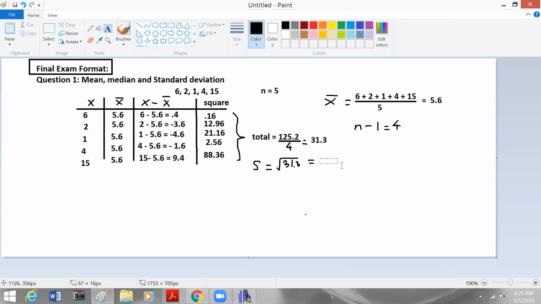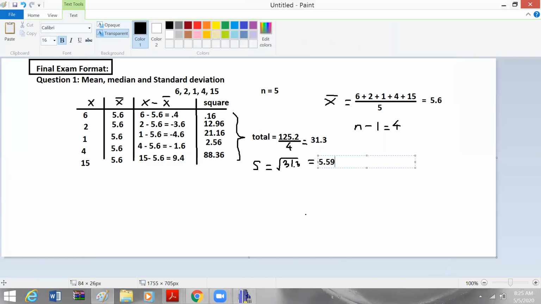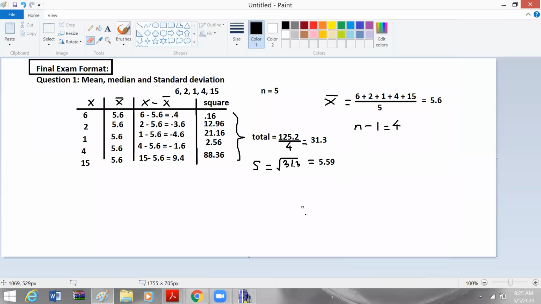So we're going to get 5.59. Okay, so finally, let me just rewrite this. So this is 31.3, and you take the square root of that. Oops. I always have trouble writing this down for some reason.